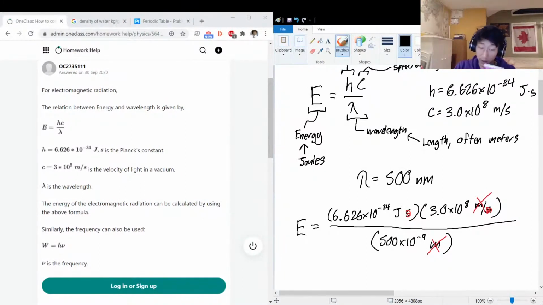That's a very small number, a lot smaller than 1. Times 10 to the power of 8, divided by 500 multiplied by 10 to the power of negative 9.